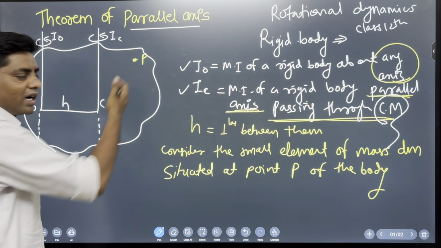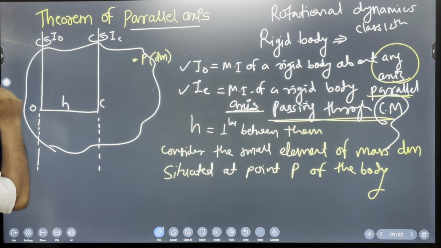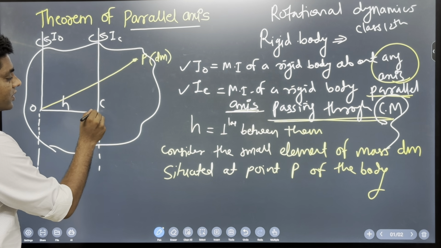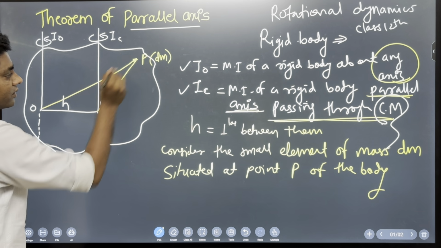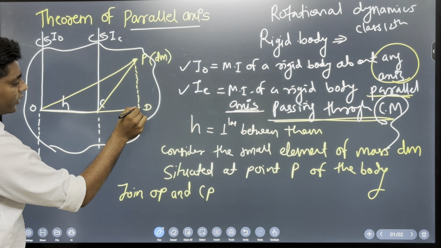Here we mark the point P. The mass at that point is dm. After that we join OP and CP, and next draw the perpendicular PD on OC produced.